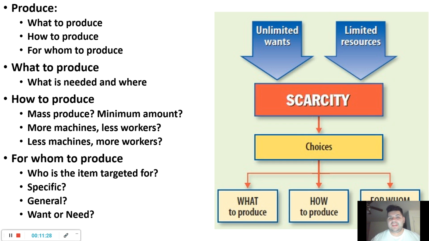Because some things are easier with machines because machines are automated. They don't take breaks. They just continue making the same thing over and over again. But some things require human touch, human skill to create. So whatever your item is, you need to find something there.